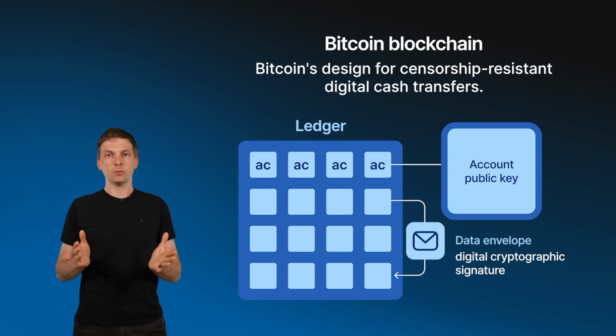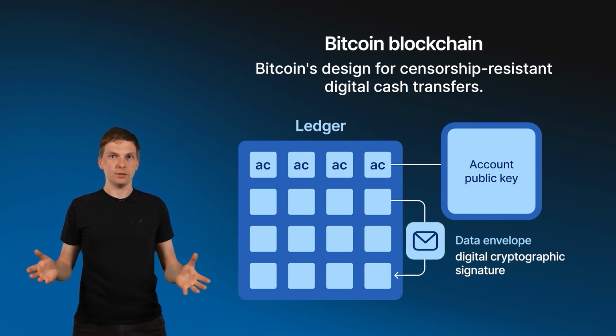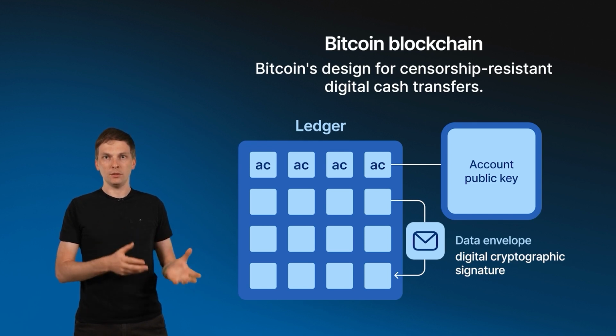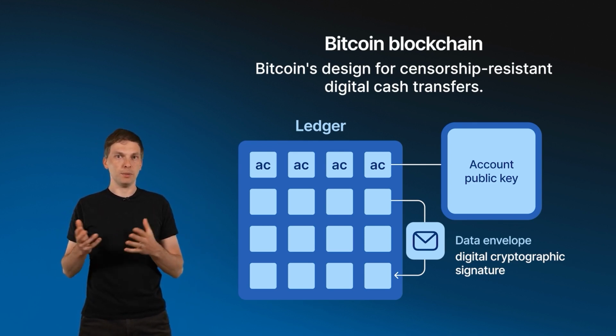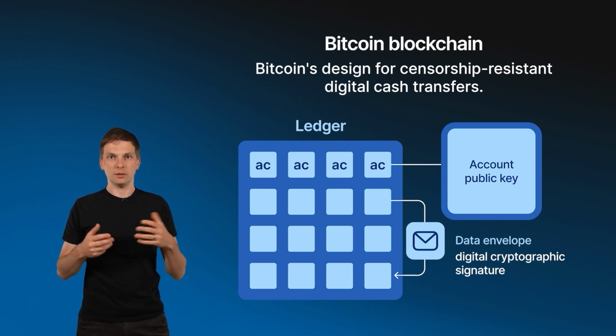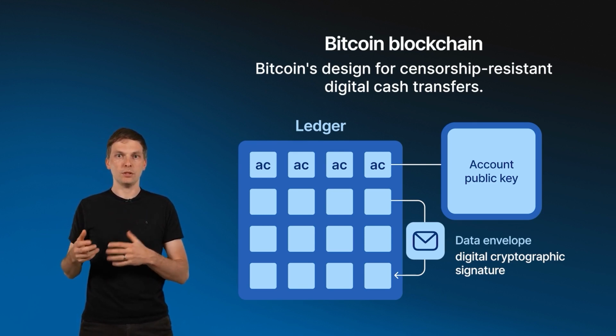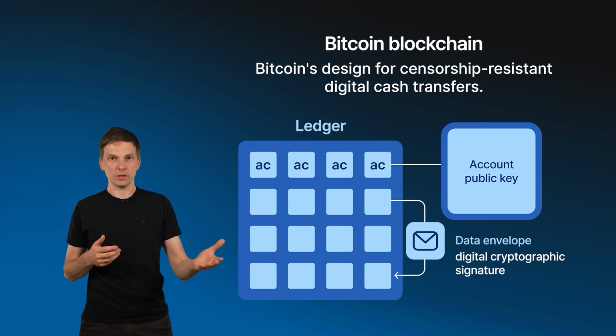Okay, so let's start with the simplest ledger that is implemented in Bitcoin. The idea of Bitcoin is that you have a ledger where each account is identified by a public key. Every person has a secret key in their wallet application and the public key visible on the ledger.